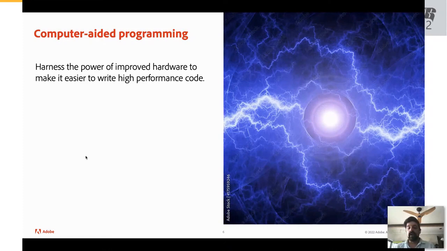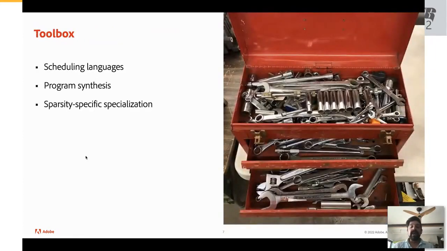So a big thrust of the research that I work on and my group at Adobe works on is computer-aided programming. And our goal here is to harness the power of hardware in order to make it easier to write high-performance code. And today I'm going to talk about that in terms of a toolbox of techniques.